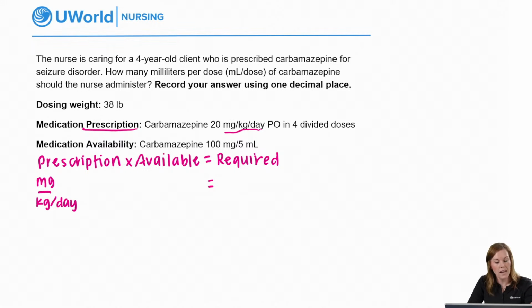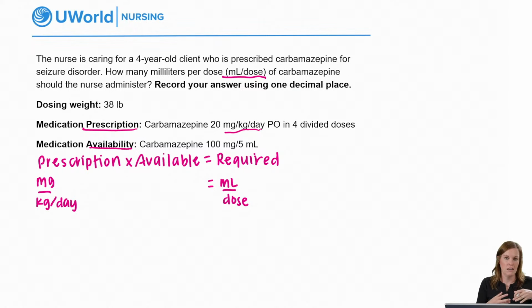And then what is required is going to be up here, our milliliters per dose. And then what is available is right here, and this is our milligrams. We have milligrams over milliliters, but same as we did before, we can swap that like fraction, and it's going to be the same thing. We're not changing the numbers.